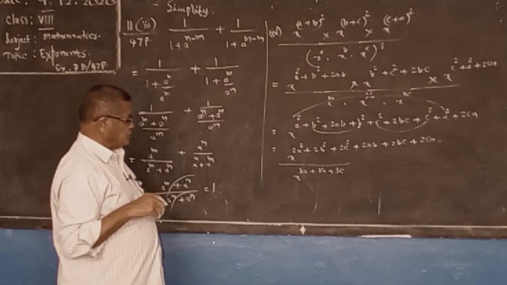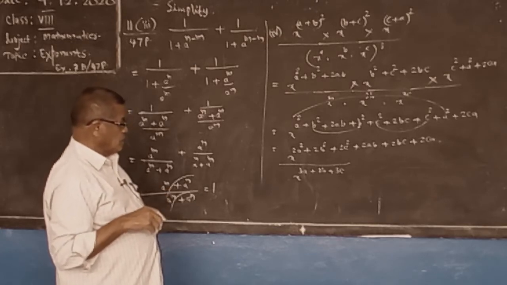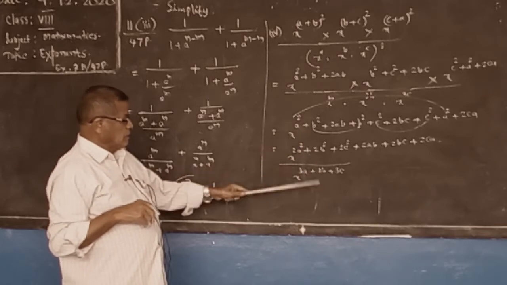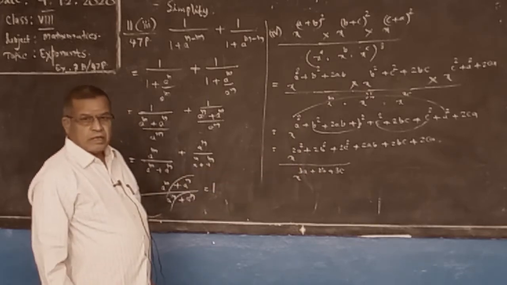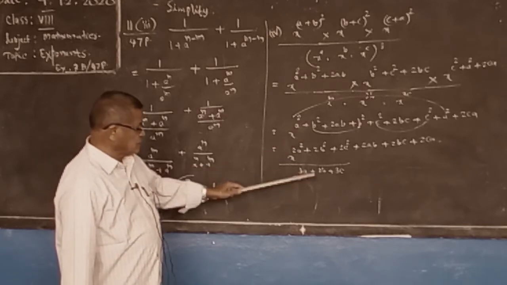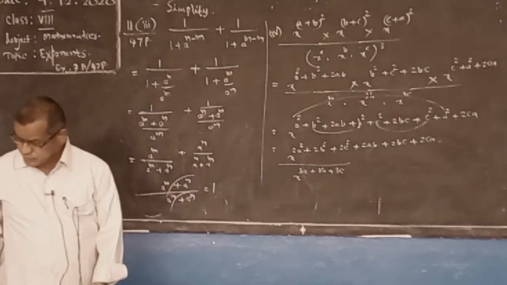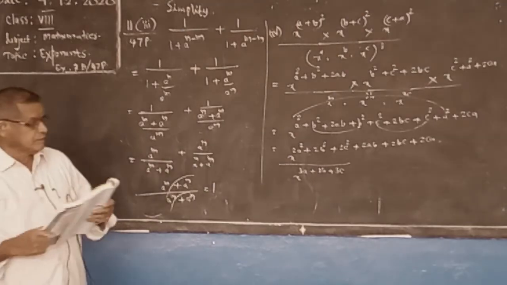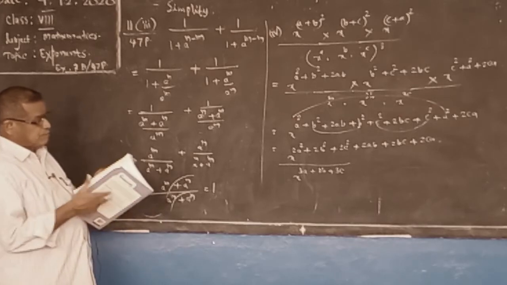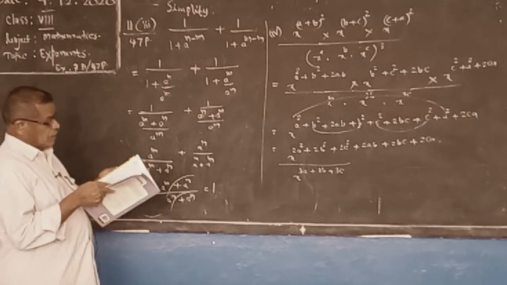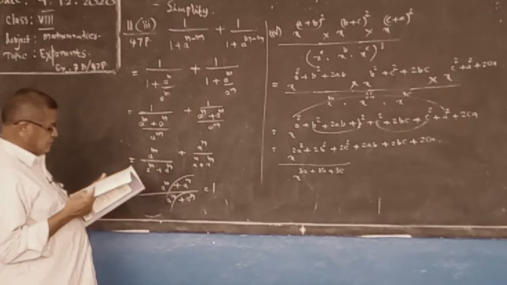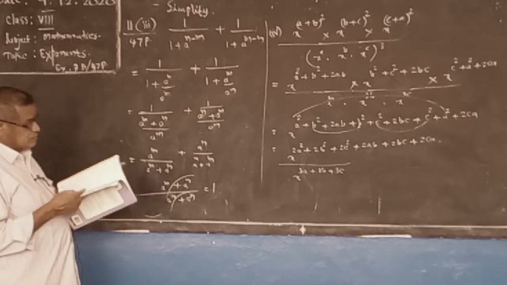Now, in quotient law, powers will be subtracted. Plus 3a will go up as minus, plus 3b will go as minus, plus 3c will go up as minus.